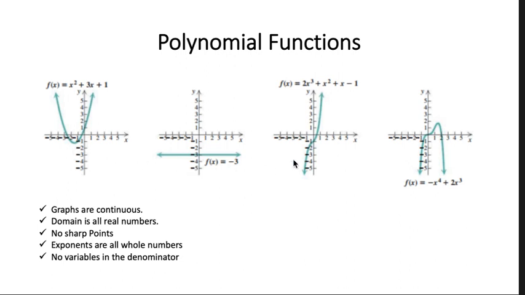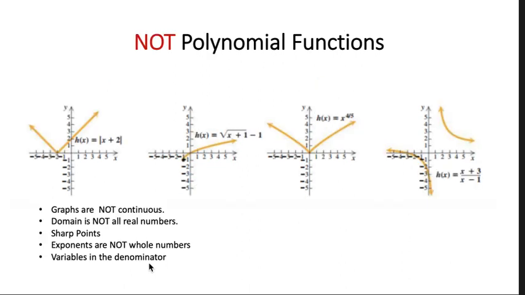There are no sharp points on these graphs. You'll see on the next screen what I'm talking about, but every time it changes from increasing to decreasing, it does that smoothly, not with a sharp change. And the exponents are all whole numbers, and there are no variables in any denominators.